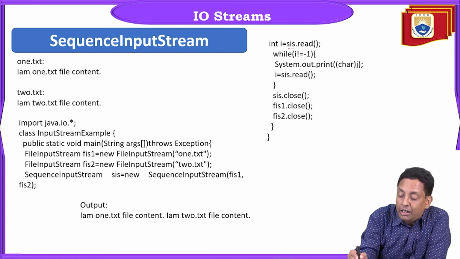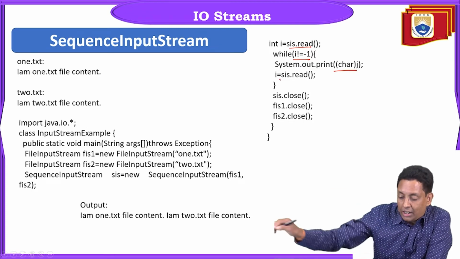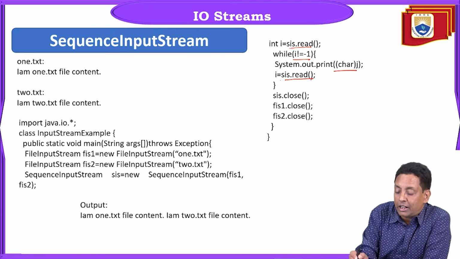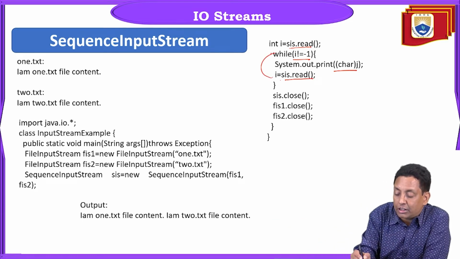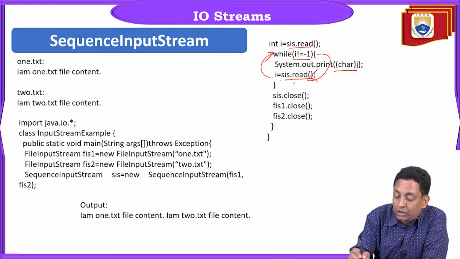Here we are reading byte by byte, checking whether the byte is -1 or not, and printing that character to the console. If you want to write it into one file, you can. Then read the next byte, check again whether the value is -1, print, and read again, and so on up to the end.